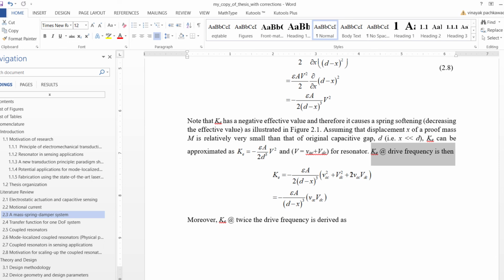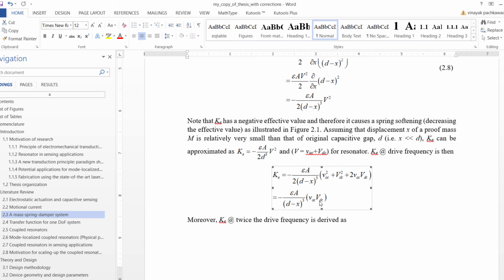And now we are interested in this frequency, because at the drive frequency we just neglect these two terms, V square AC and V square DC, and the final expression of Ke at the drive frequency becomes minus epsilon A over d minus x whole cube in bracket VAC into VDC.